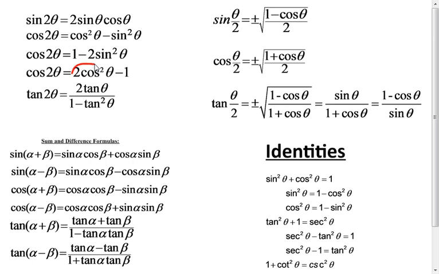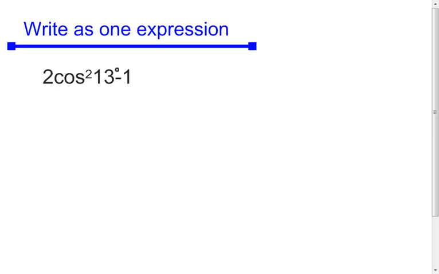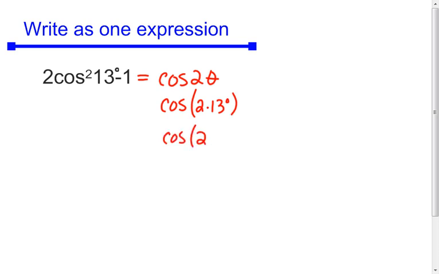And here you go. You're going to give me the left side. Notice what's plugged in for theta here. That's what needs to be plugged in for theta there also. So it is the formula for cosine at 2 theta, and what's plugged in for theta is 13 degrees in this case, and 2 times 13 is 26 degrees.